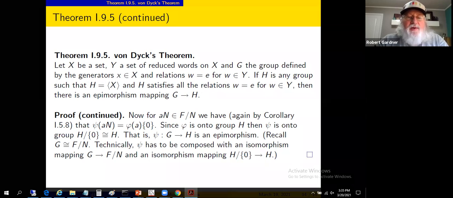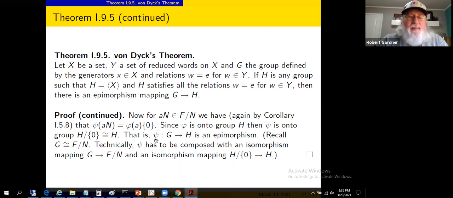First off, actually psi mapped F mod n to H mod the trivial group. It mapped this to that. So technically, and I've followed Hungerford's wording of this, but there's a couple of loose ends here I want to chat about.